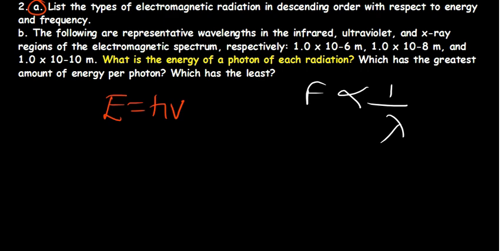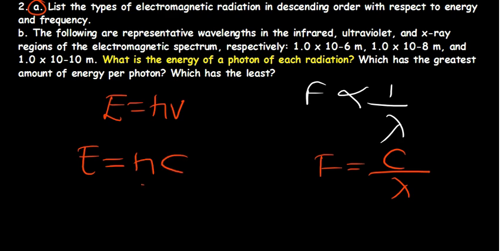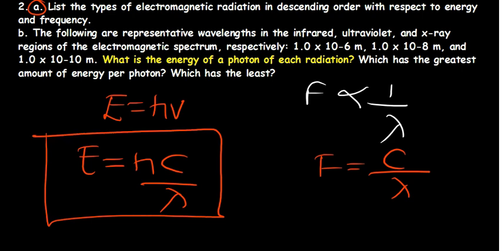This very formula can be combined using a constant, the speed of light. So if we substitute in Planck's formula, where there's a frequency, we can also put speed of light over wavelength. So this is another form of equation that you can use.